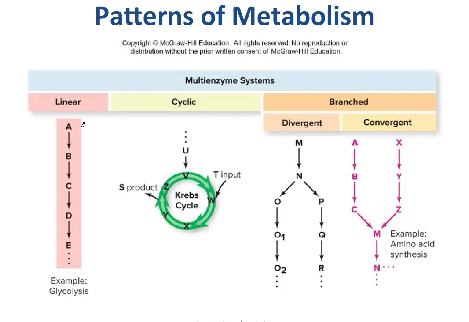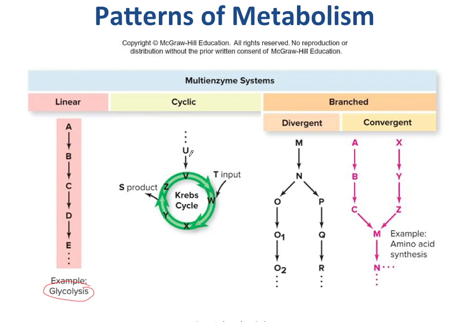For example, A can be catalyzed to B, B can be catalyzed to C, C can be synthesized to D. Okay, so this is linear. The example would be glycolysis. So the example for the cycle is the Krebs cycle.